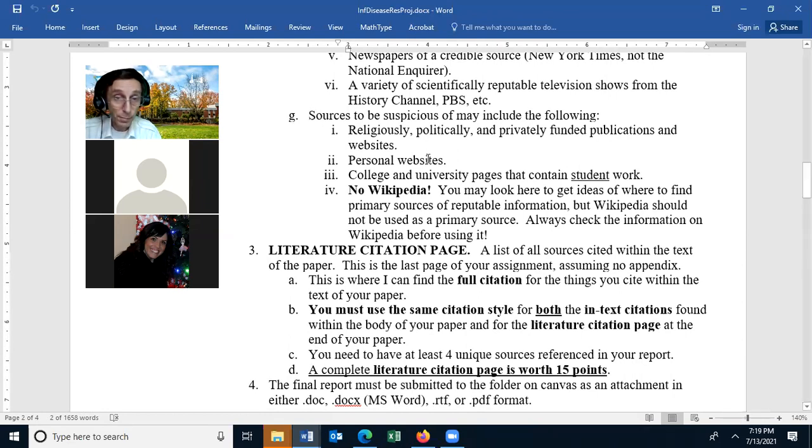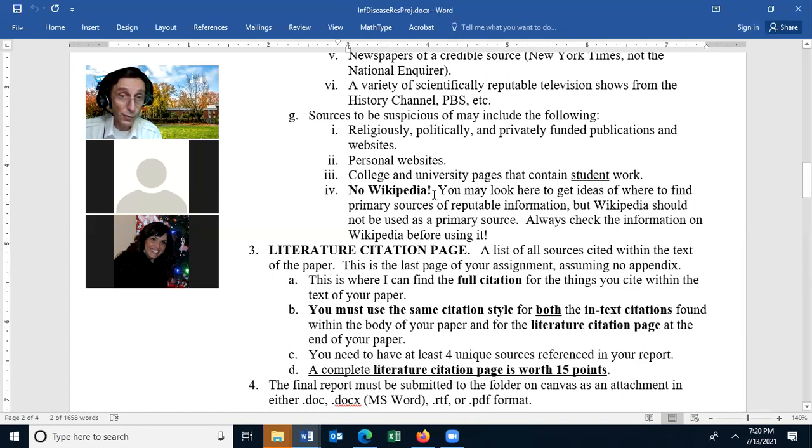You should not use personal websites because anybody can put up anything on the web. College and university pages are generally okay, but if a college or university page puts up student work, you should not use it. Okay? Students can make an error and they don't know everything, and many times they think they know, but they don't know.